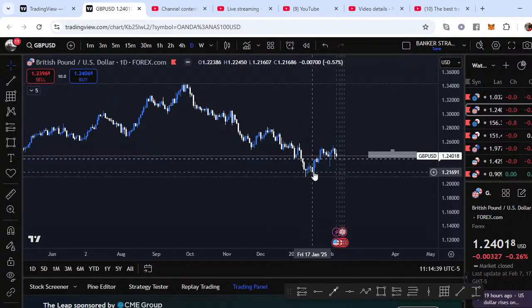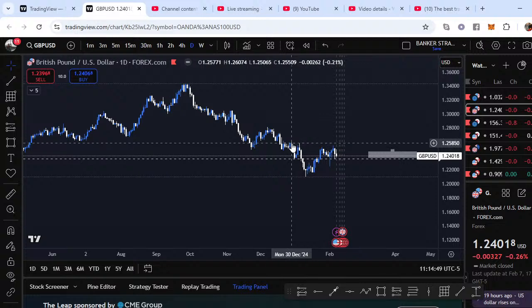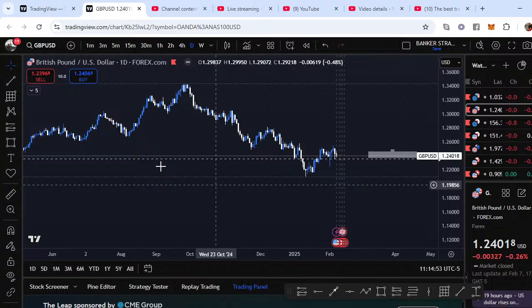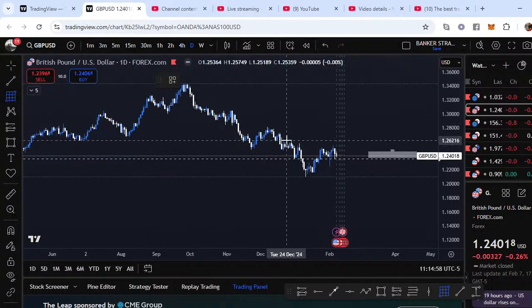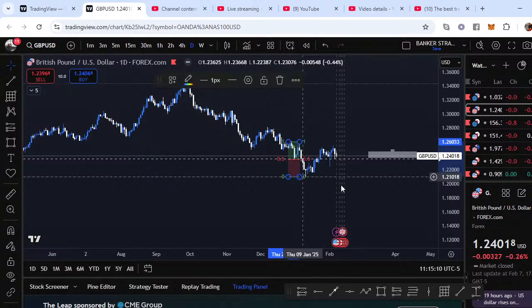Actually, no, we should have gone from here. So this is the last swing. Within this range, this right here will be considered the last swing.